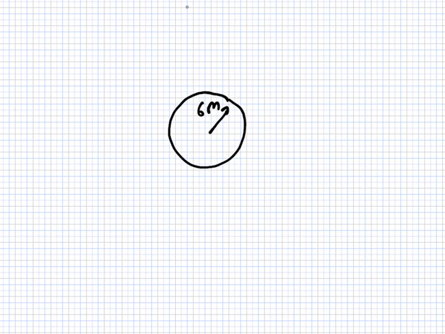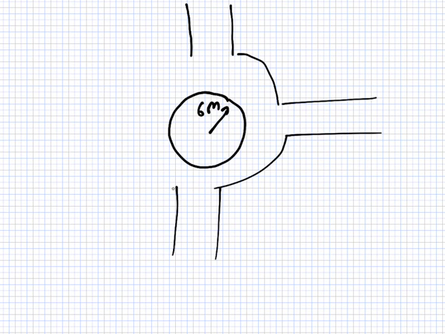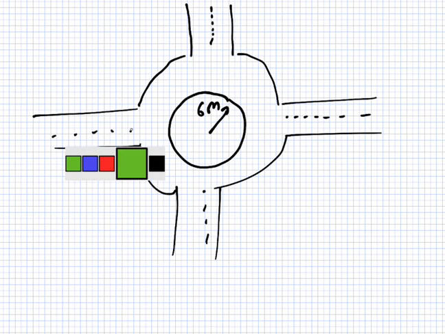You know a roundabout? I'll draw it for you. On the road. So what happens is the car comes along. No, we drive on the left, so the car will come this way, and then the car will drive around.